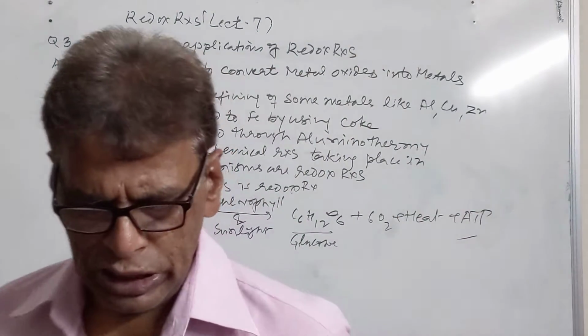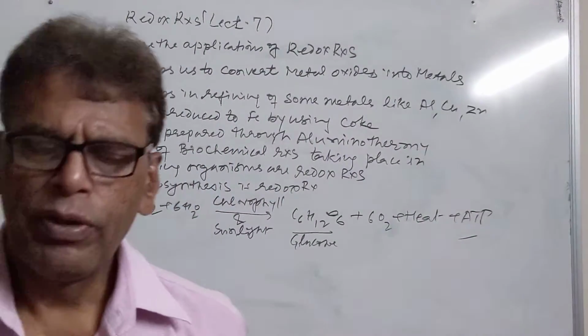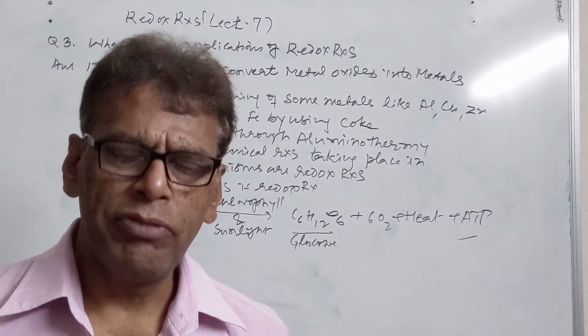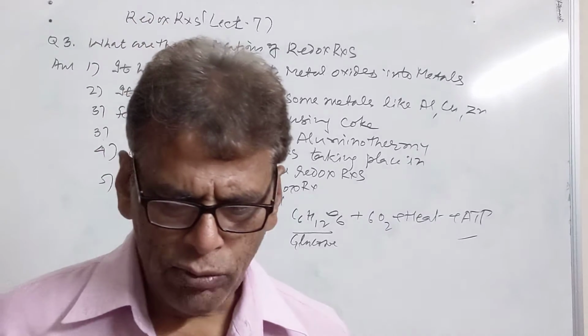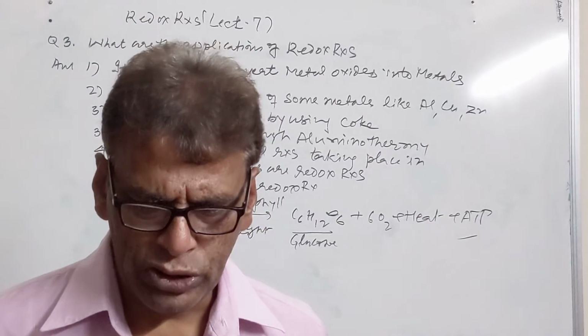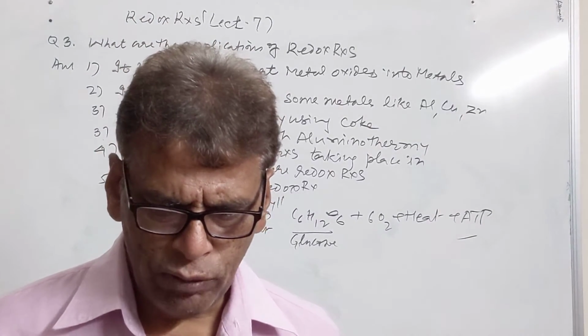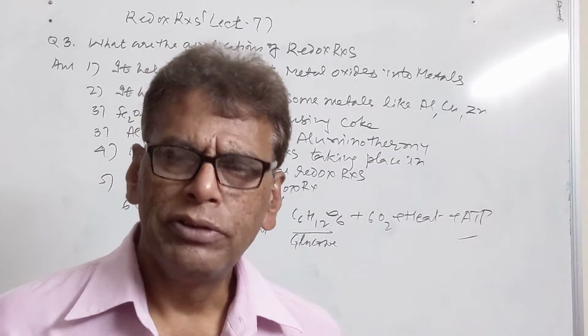So photosynthesis is also a redox reaction where carbon dioxide is reduced to carbohydrates and water is oxidized to oxygen in the presence of chlorophyll and the sunlight.